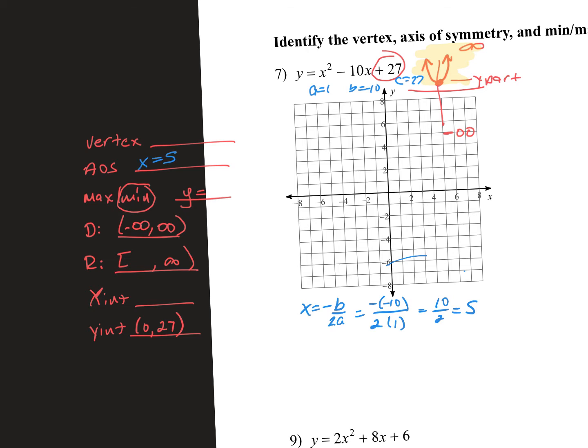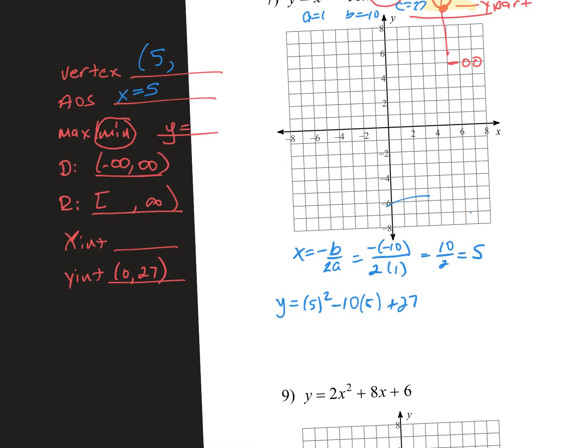That's that vertical line that's going to cut our parabola in half. And my vertex is going to be at 5, something. Well, how do I find what the y part is of my vertex? I know what x is, so I plug back in. So I say y equals, my x value I found was 5, so I have 5 squared minus 10 times 5 plus 27.